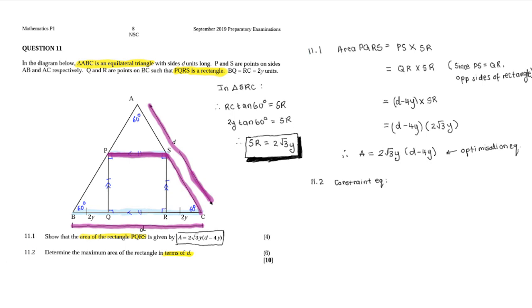Basically, what I've done here is take these proportions over here. You usually see it represented like this, drawn like that.